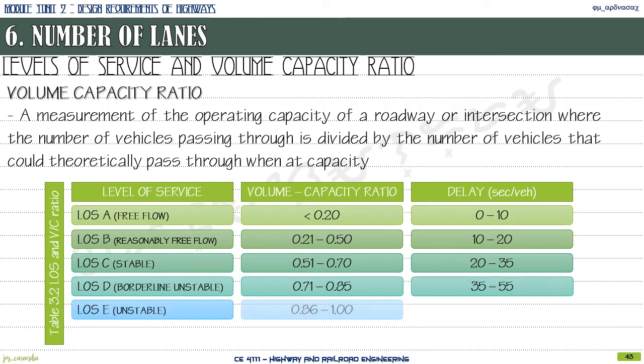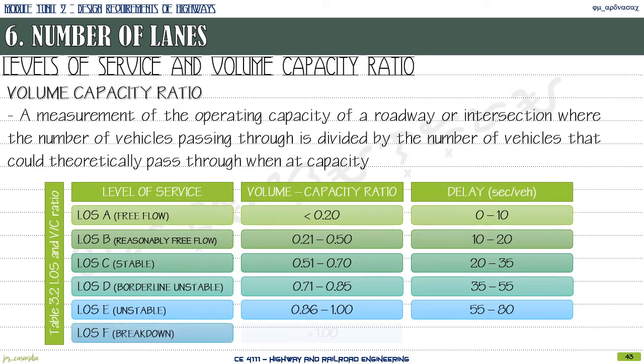And then we have LOS E, wherein it has already achieved the maximum capacity at 100%. And LOS F is when your volume capacity ratio is greater than 1 already, meaning the number of vehicles passing through your road section is higher compared to what is designed as the capacity of your road section.